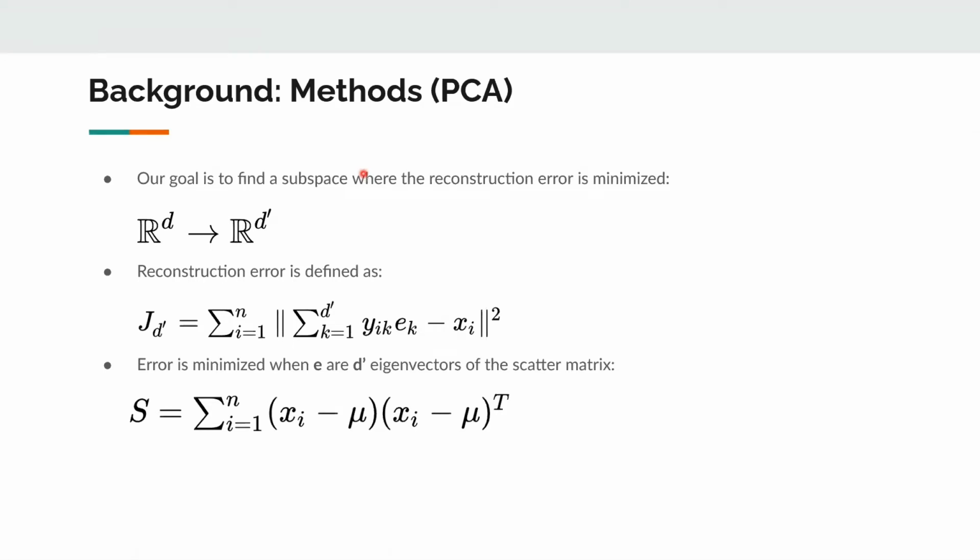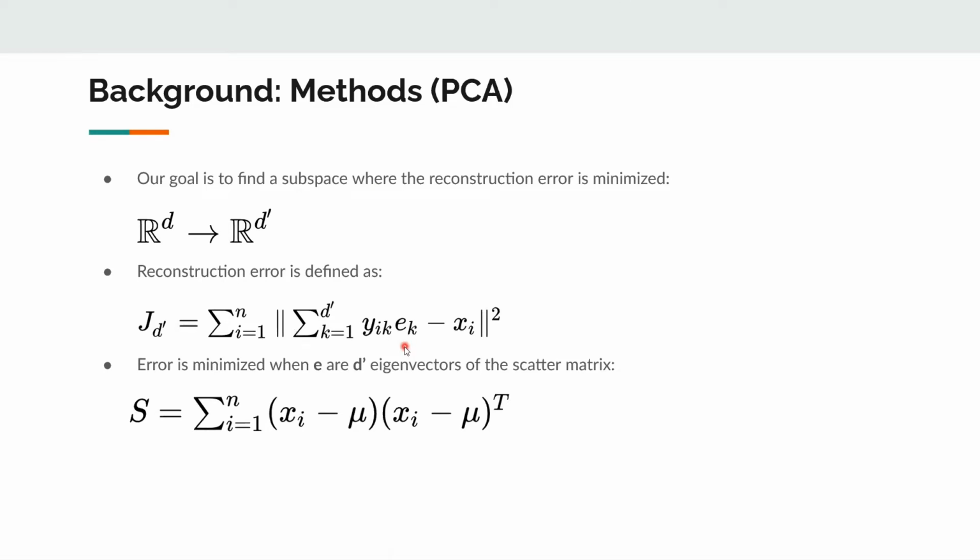The first one is principal component analysis. Here our goal is to find a subspace where we can represent our data in D prime dimensions instead of D dimensions. And we define a reconstruction error, which is the sum of differences between the reconstructed data and the original data. And reconstructed data is given by Y times E. These E's are the basis of our D prime subspace.